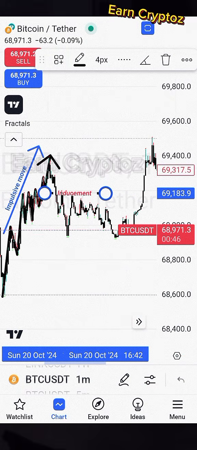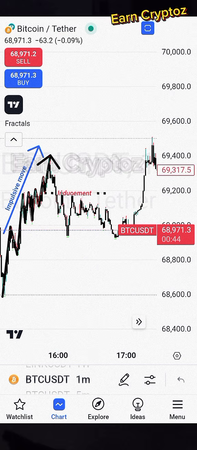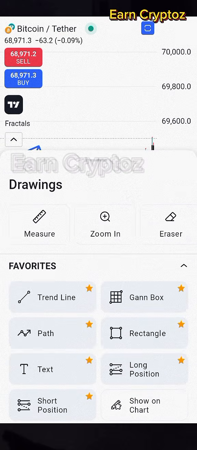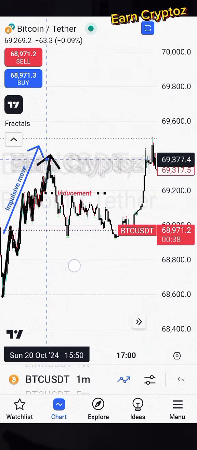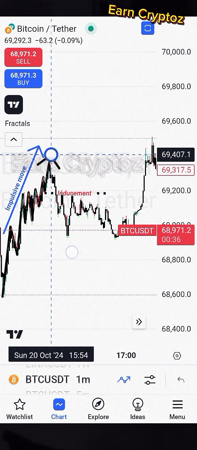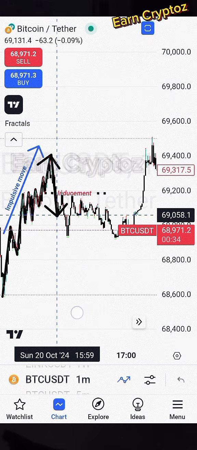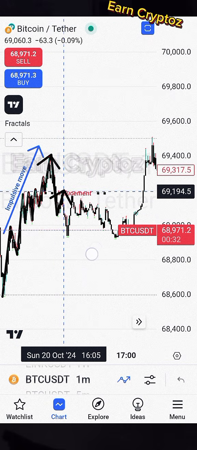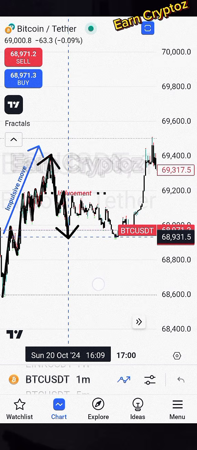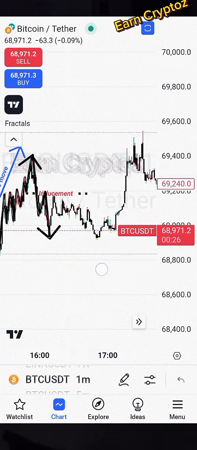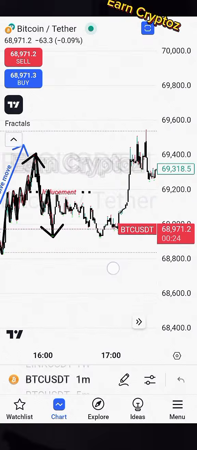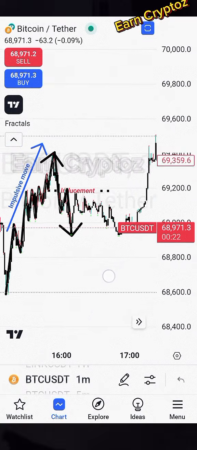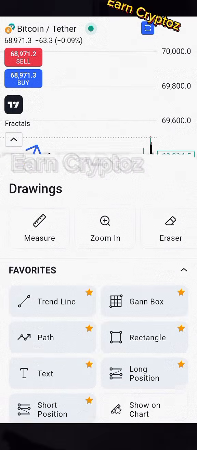You can see right here, this is the inducement, the first valid pullback. Then you can see the correction, this move that took out the inducement right there, that is the correction move. You can see this thing is getting clearer.